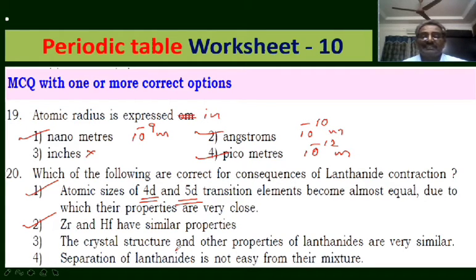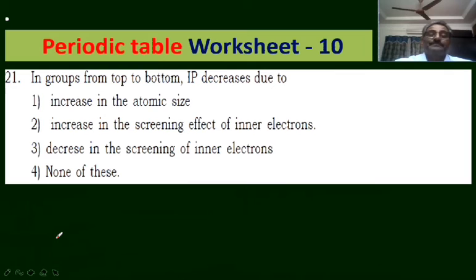The crystal structure and other properties of lanthanides are very similar because of the similar size. Separation of lanthanides is not easy from their mixture because of the similar physical and chemical properties. So this is also right. So the correct options are 1, 2, 3, 4. All of these are the consequences of lanthanide contraction only.